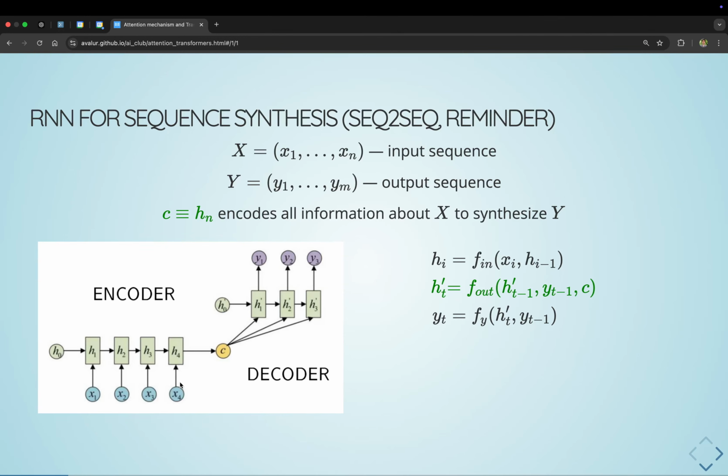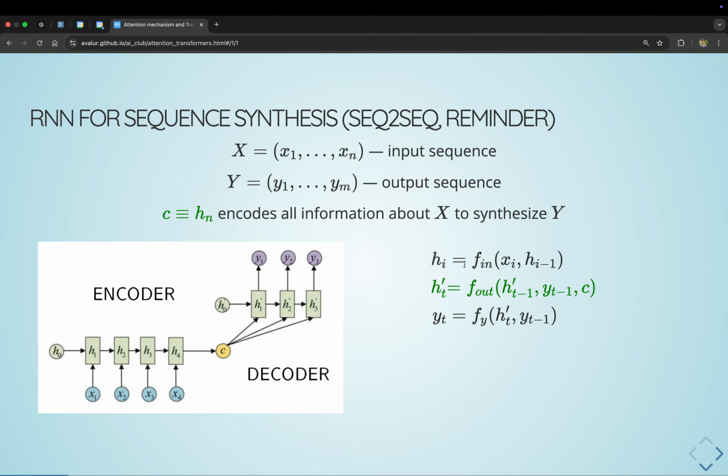of your input. And based on this vector C, as context, you produce new output tokens, output characters, for example, in the decoder model. And the model inside the decoder is the same vanilla RNN with hidden state, and each time you put one and the same vector C as input in the decoder.